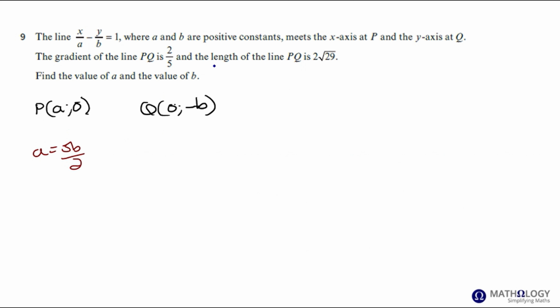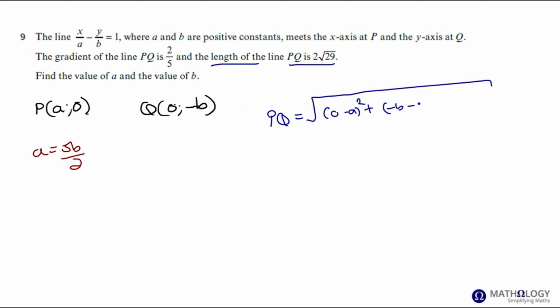We're also given the length of PQ is 2 root 29, so we can now establish an expression for the length of PQ. So PQ is the square root of x2 minus x1 all squared, so 0 minus a all squared, plus y2 minus y1 all squared, minus b minus 0 all squared. PQ is 2 root 29, and that equals the square root of a squared plus b squared.